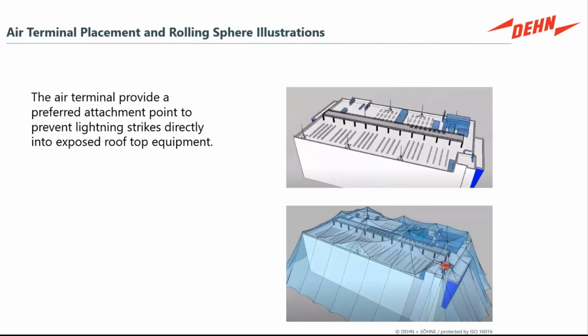So what does the air terminal do for you? It gives the lightning a projected point of attachment, a preferred point, and it allows you to build a protected volume over the equipment, chillers, and solar panels underneath that set of lightning rods.